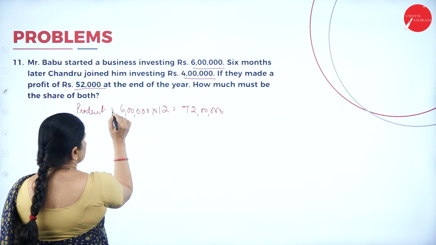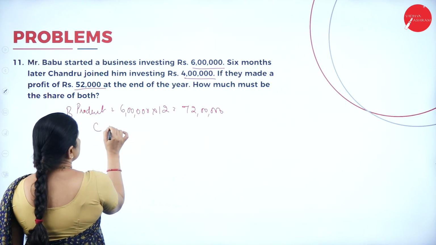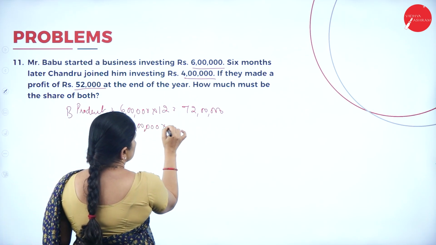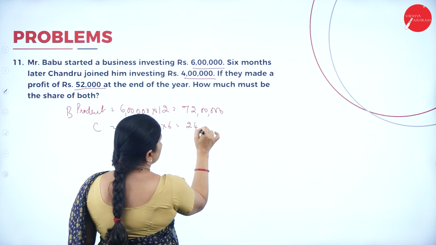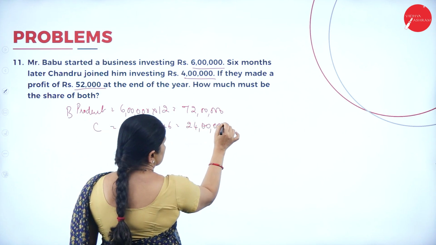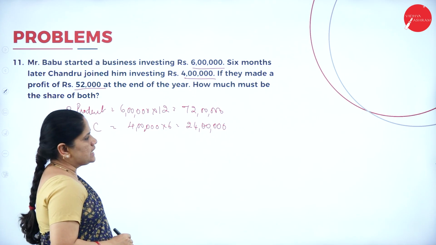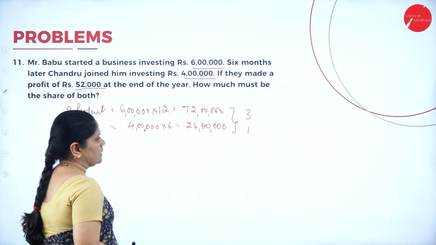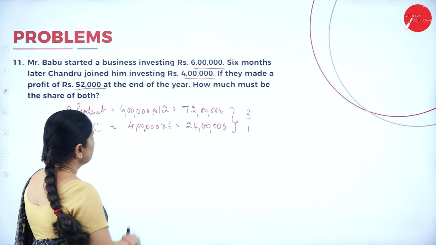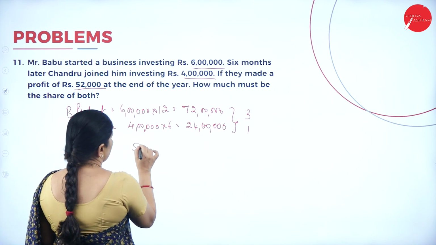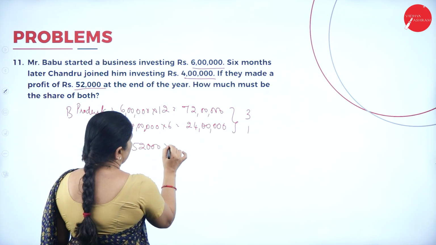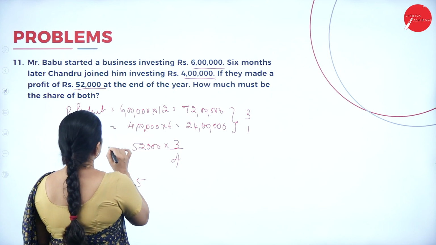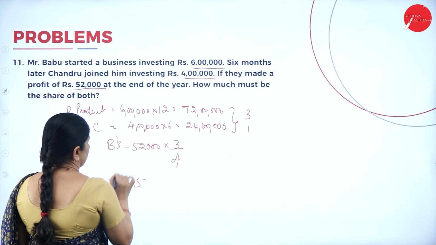Then next, this is B. Now C, it will be 4 lakhs into 6. So that will be 24 lakhs. Now, when we consider the ratio of this, it will be 3:1. Now we have the profit here, 52,000 into 3 by 4. This will be B's share.